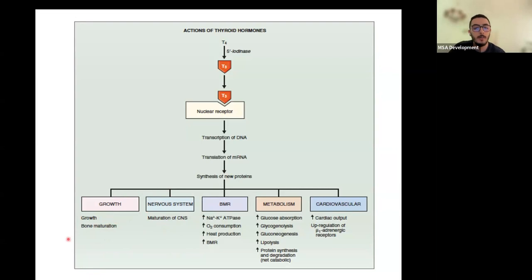Growth and bone maturation: thyroid hormone has a synergistic effect with the growth hormone. That's why it increases growth and bone maturation. This also takes place in infants more than adults.